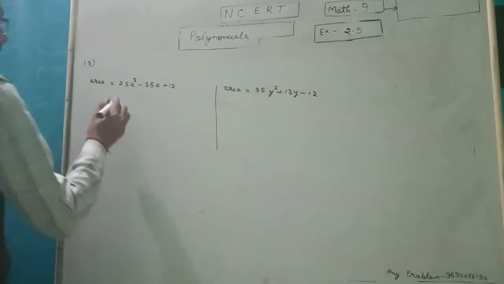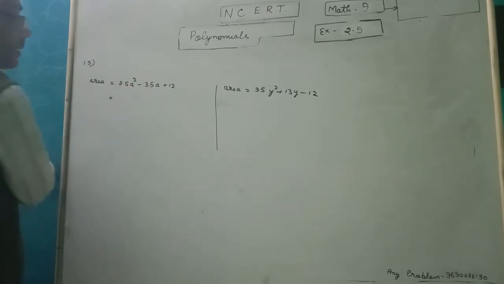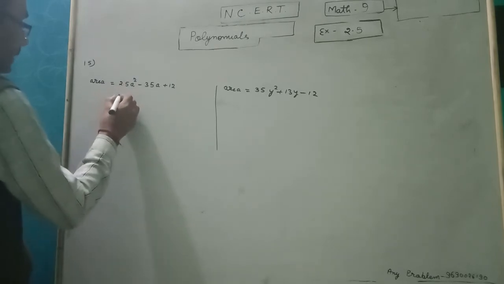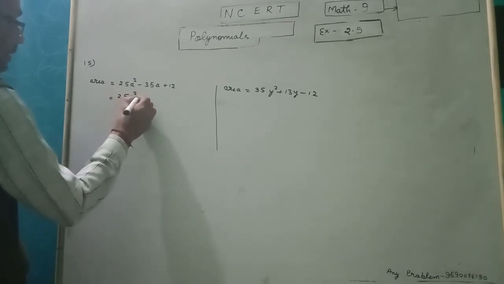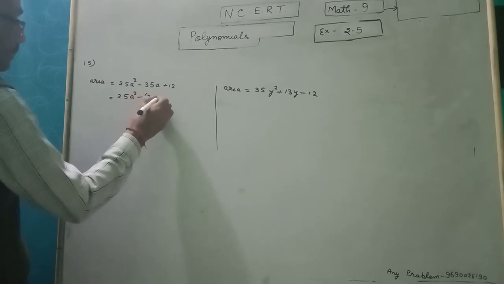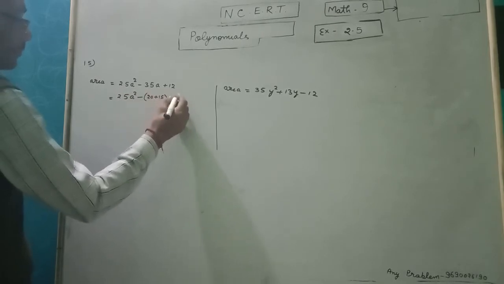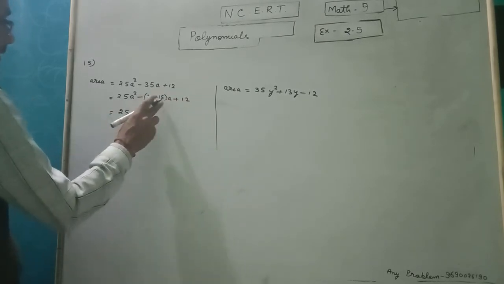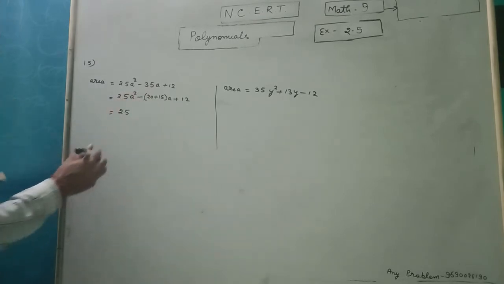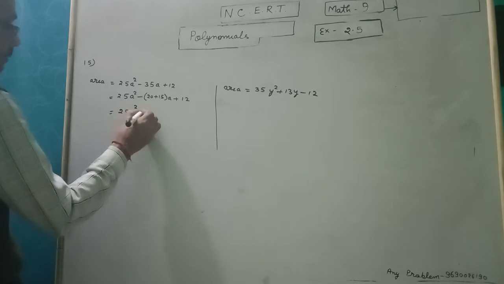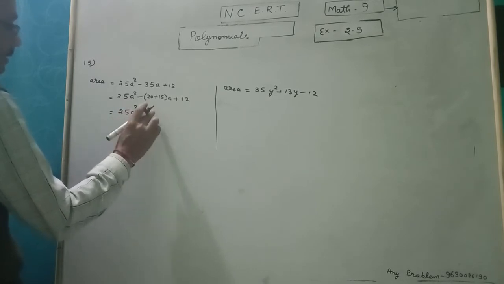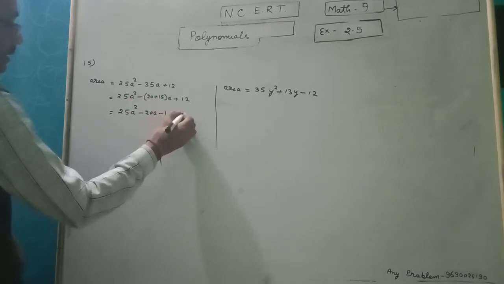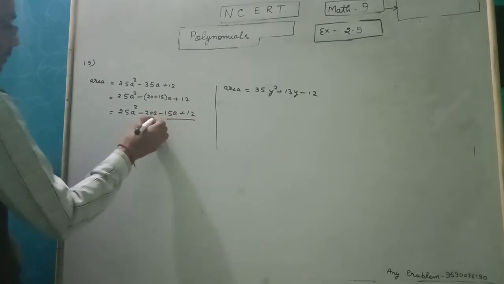Given in the question, do the factorization. 5 multiplied by 12 is 60, 60 times 5 is 300. The factors of 300 will be -20 and -15, plus 12. So it is 25a² - 20a - 15a + 12. Make the pair.